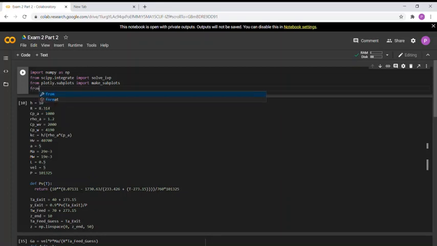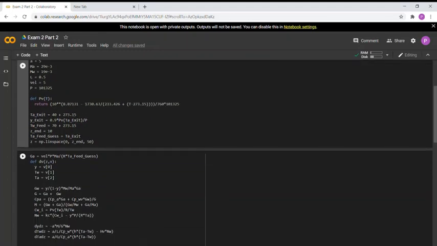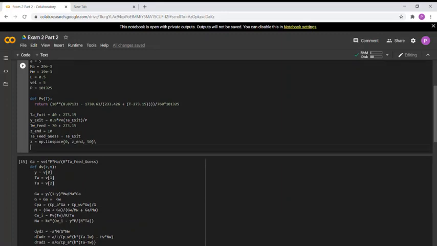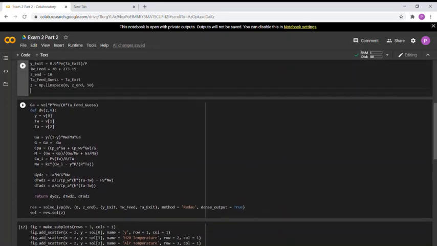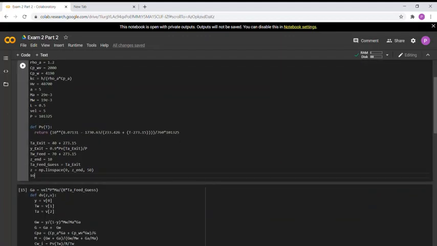So from scipy.optimize import Newton. Then because I will need another solution, I'll just define it as known.